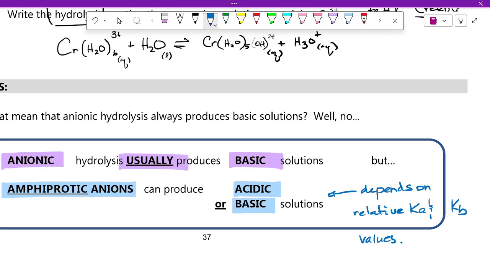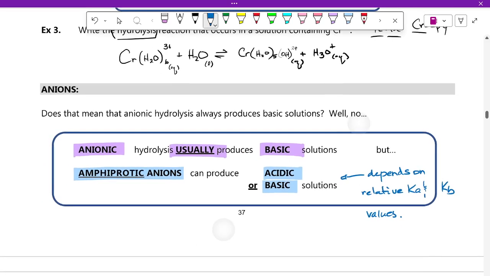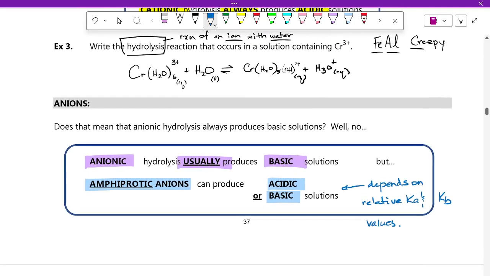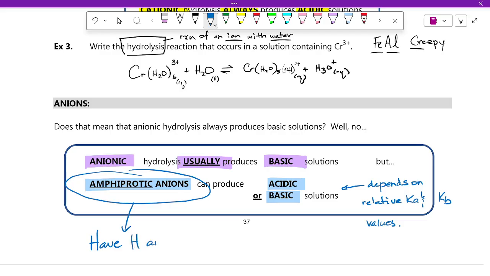So anions are usually basic unless they are amphiprotic. How do you know you have an amphiprotic anion? It's not going to be positive if it has an H and a negative charge.